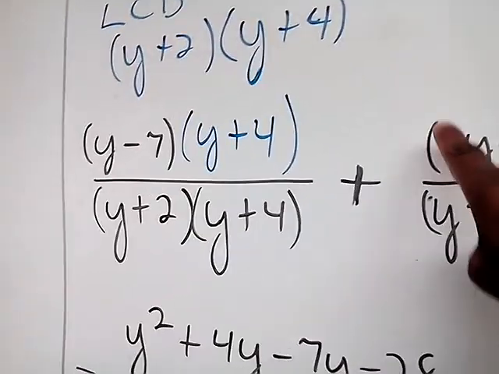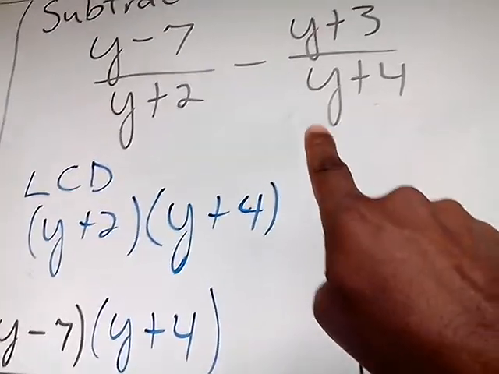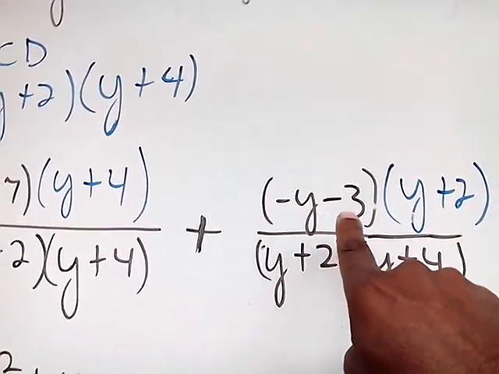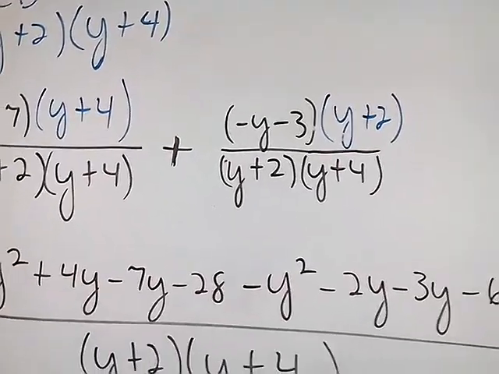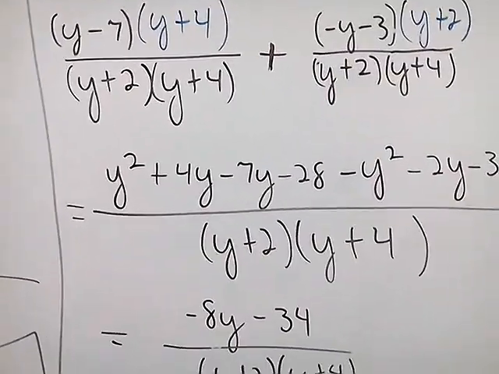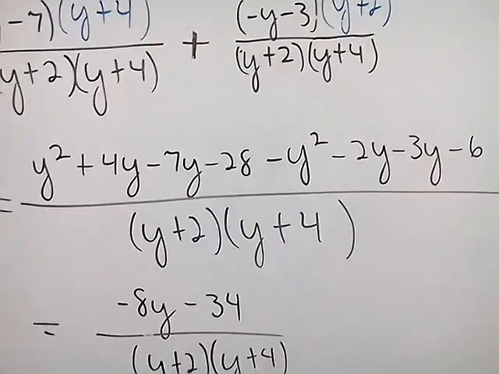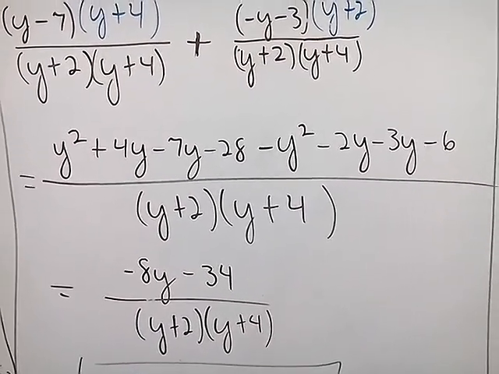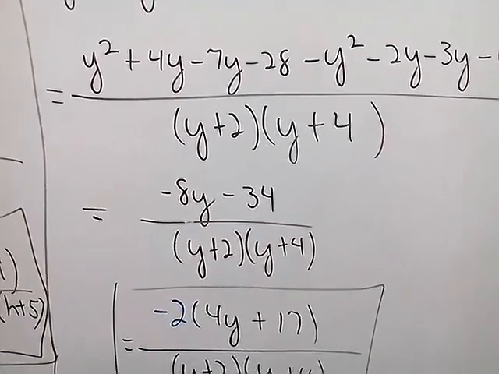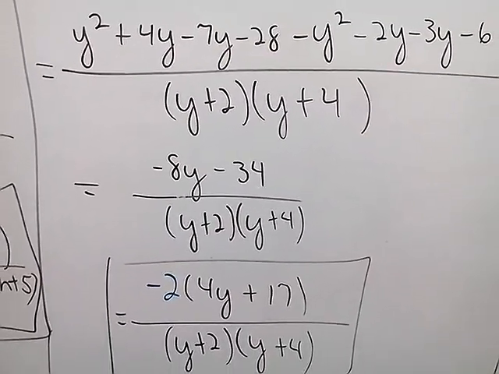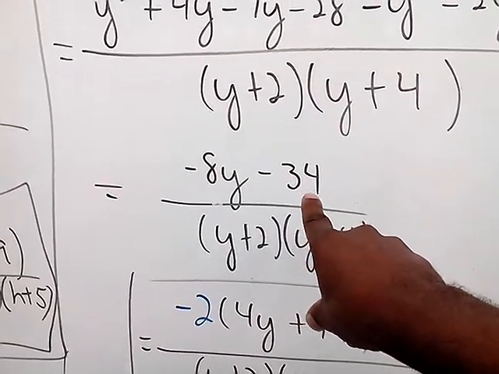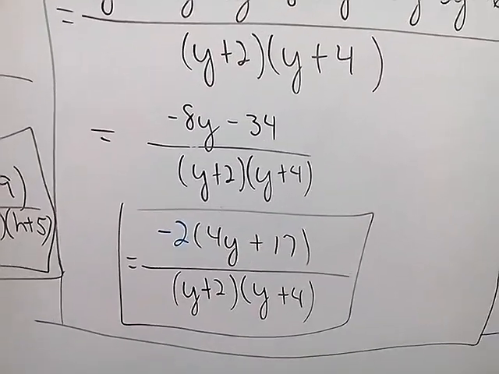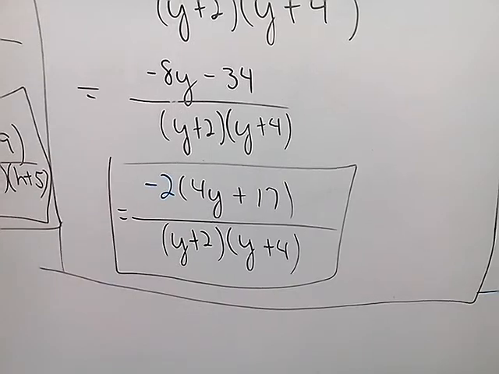But here we distributed that negative up there to here, and now we have negative y minus 3 as our numerator for that part. And then using our FOIL method for both terms, this is what we get. And by simplifying it or combining like terms, we have negative 8y minus 34 up top, and we can factor out a negative 2 out of that.